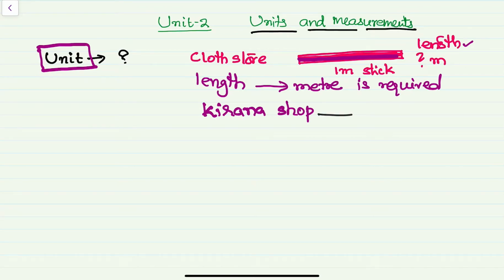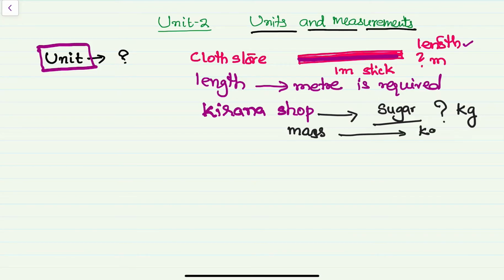Then if you ask for sugar, definitely you will immediately say how many kgs you want. You say that it is half kg or 1 kg, whatever it is. So if you want to measure a quantity like mass, kgs are required.